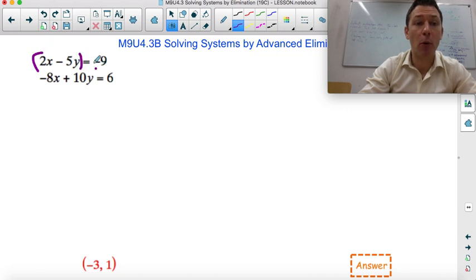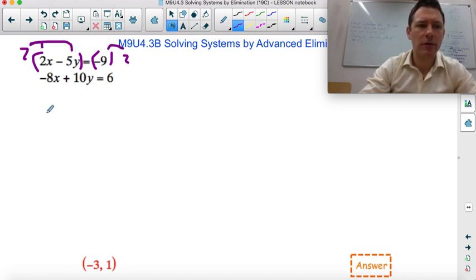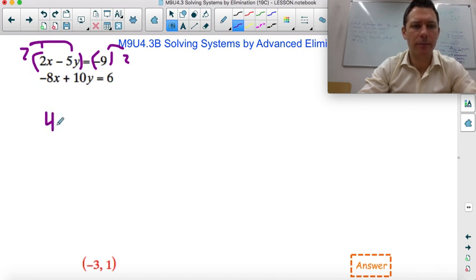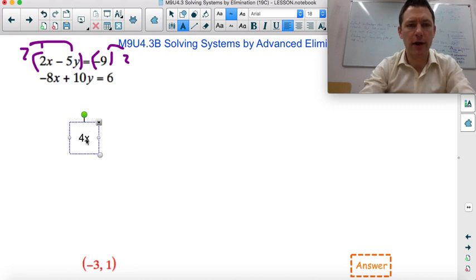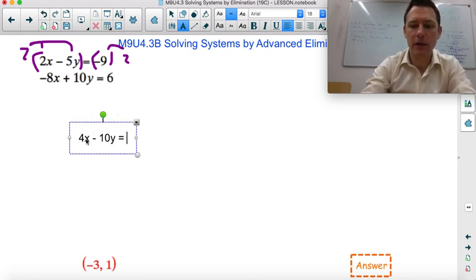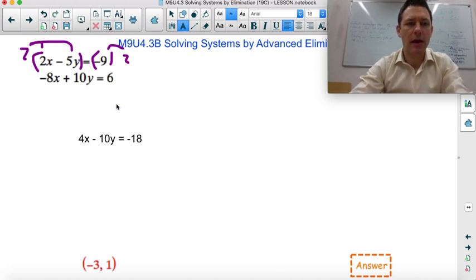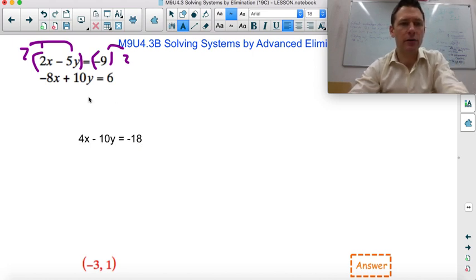I'm going to multiply both sides, don't forget it, by 2, not 5, sorry. Drop that into both of here, distribute, so you get 4x. Let me just type it out, that might be easiest. You get 4x minus 5y, minus 10y equals negative 18. And in the denominator, you have this same thing.